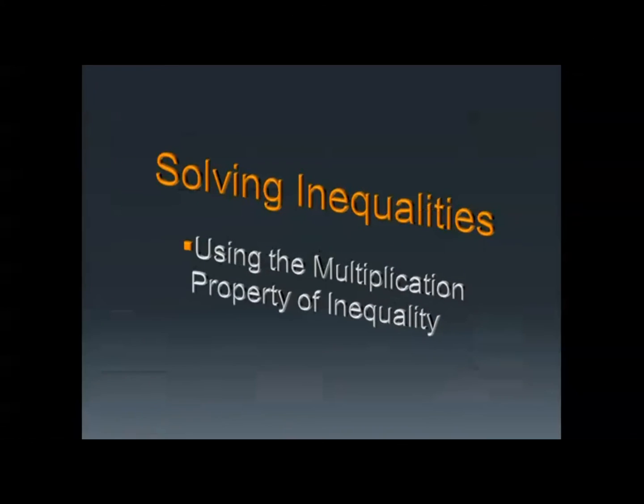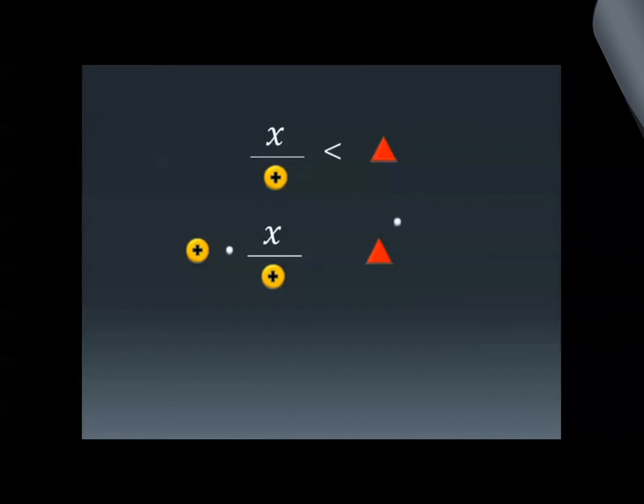In this section, we're going to learn about solving inequalities using the multiplication property of inequality. We must do the same thing to the right-hand side of the inequality. The direction of the inequality symbol remains the same because we multiplied both sides by a positive expression.